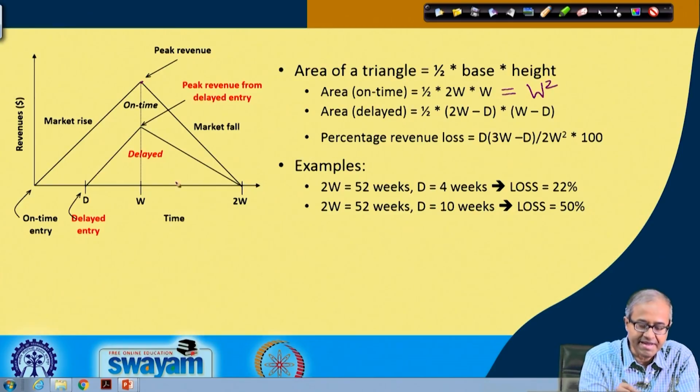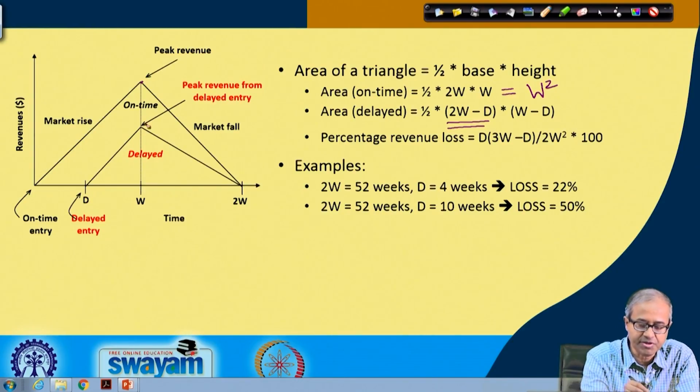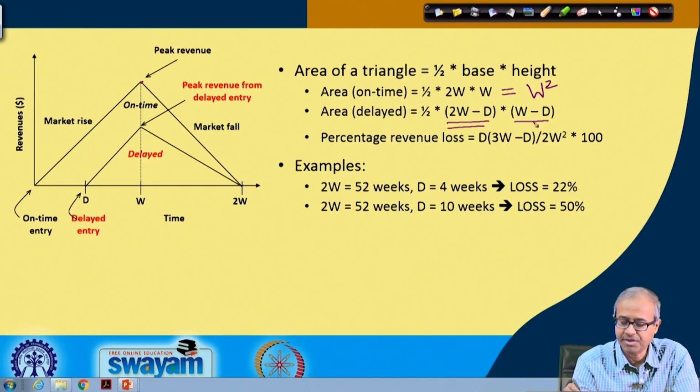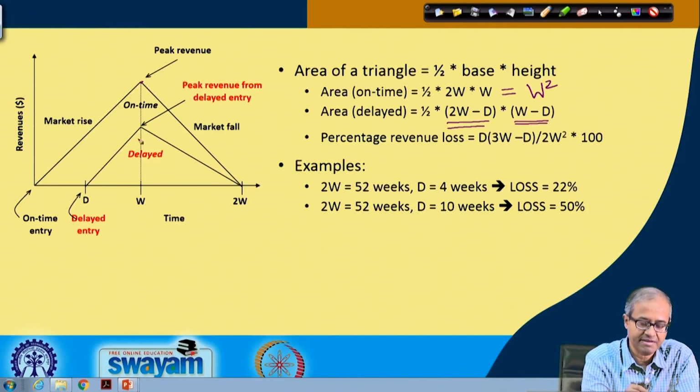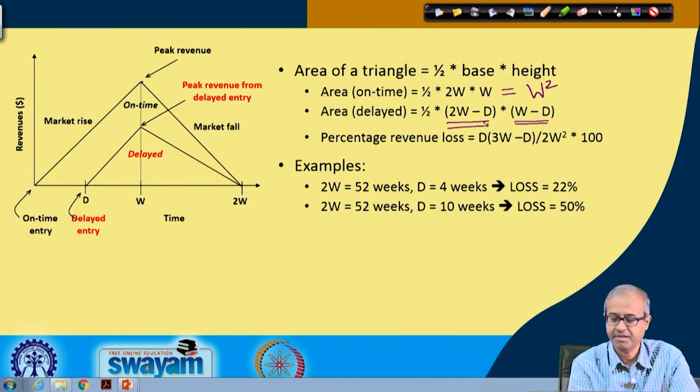Now, for the delayed case, your base becomes 2W minus D, and your height also, because of this delay, will become W minus D. So, this calculation can be done, this is parallel to it. So, there will be a decrease by this factor.